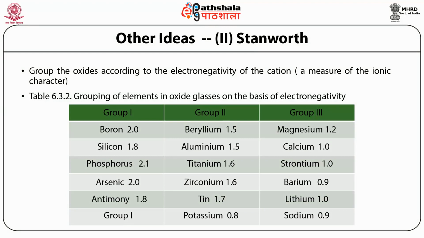Group 1 includes boron, silicon, phosphorus, arsenic and antimony, whereas group 2 consists of beryllium, aluminium, titanium, zirconium and tin. Group 3 consists of magnesium, calcium, strontium, barium, lithium, sodium and potassium.